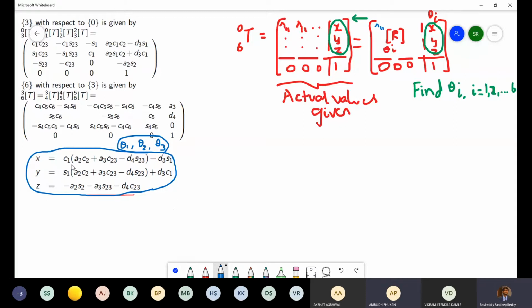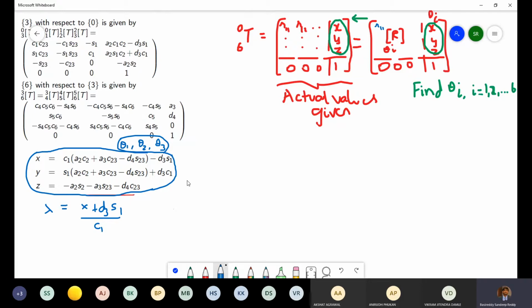Okay, so I'll call this lambda. So you can calculate lambda equals x plus d3 s1 divided by c1, right? And then we'll substitute it here.